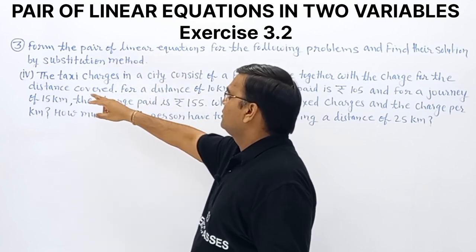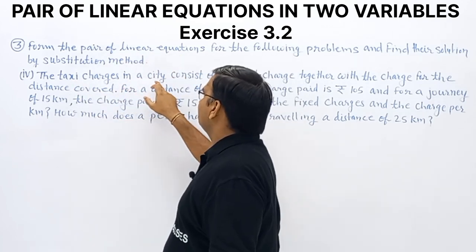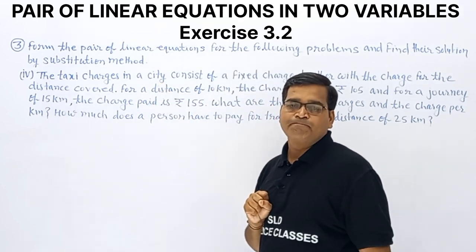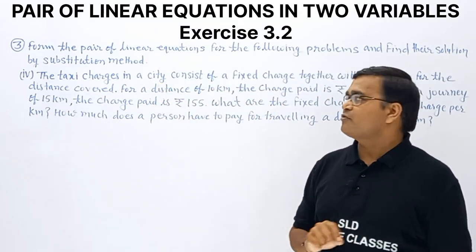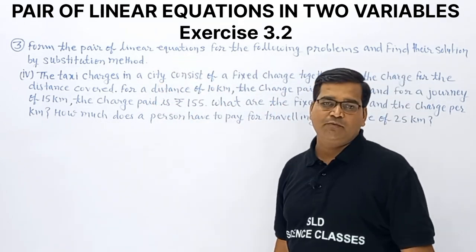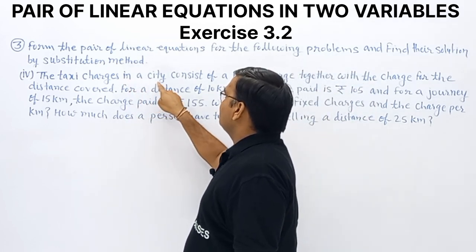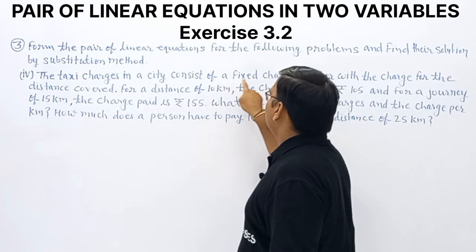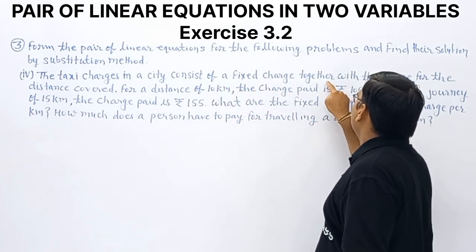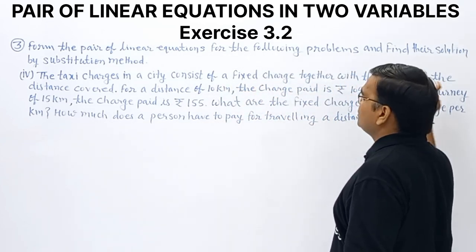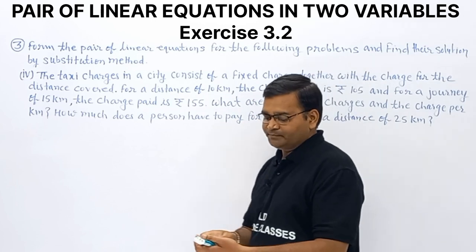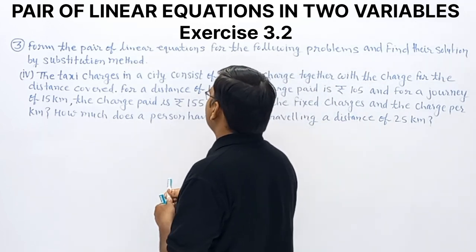Observe the question. The taxi charges in a city. Our task is to form the pair of linear equations first. The taxi charges in a city consist of a fixed charge together with the charge for the distance covered. This is an important situation.